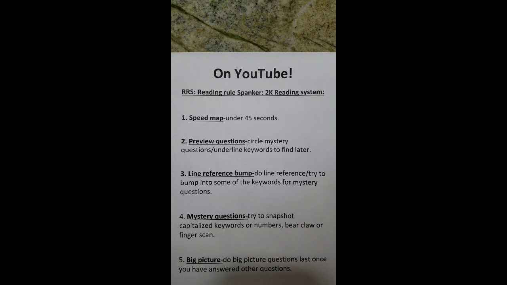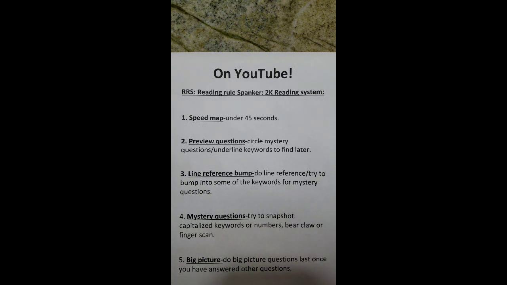So remember, when you're looking for keywords, look for very unique words or capitalized words because they pop off the paper. After the preview, we're going to do what's called the line reference bump. You're going to look at all the line reference questions and pick one, whatever one you want to choose, and then when you go to the paragraph, think about the words that we underlined for mystery.